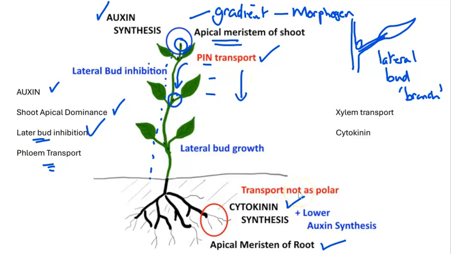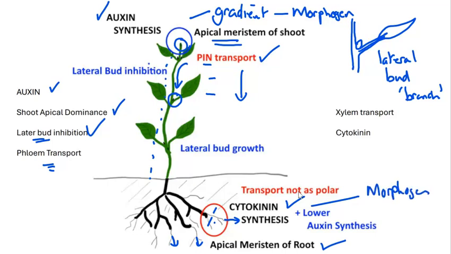The role of cytokinin in the roots is to inhibit the lateral development of roots here and maintain the forward growth of the roots down into the soil. Of course, we have two contrasting gradients here, with cytokinin also acting as a morphogen.